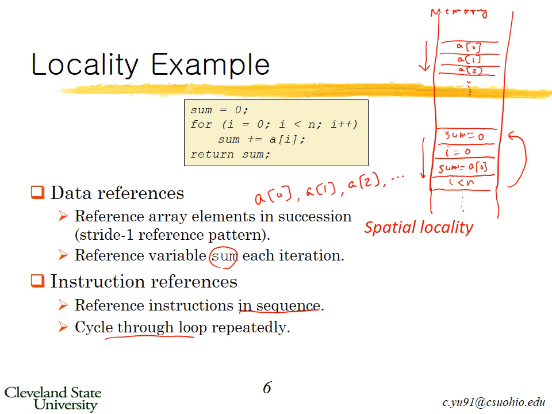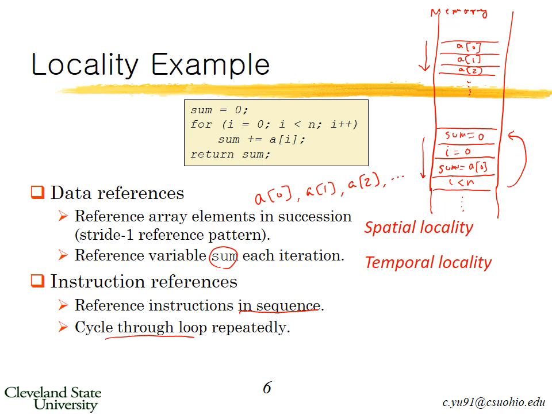So that is more like spatial locality. Once A0 is accessed, in the very near future, A1, A2, A3 are going to be referenced also. At the same time, if you look at the sum variable, the same sum variable is stored somewhere in memory. It will be referenced again and again. So that's actually temporal locality.